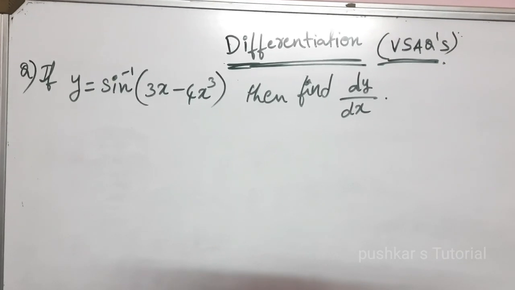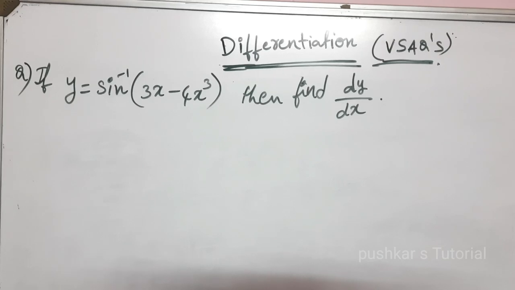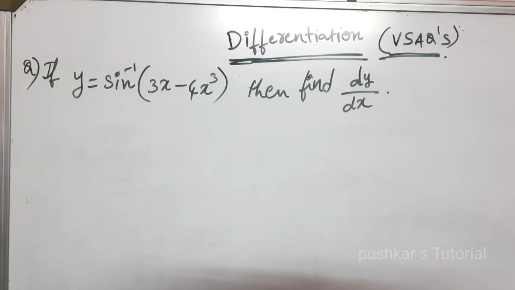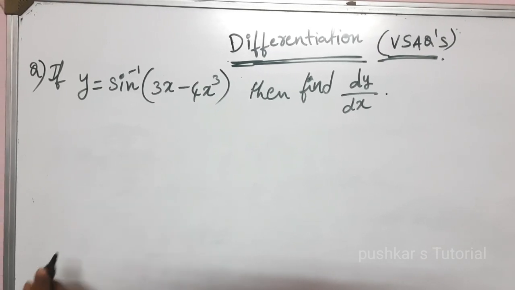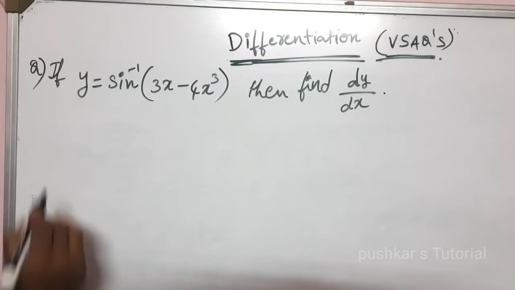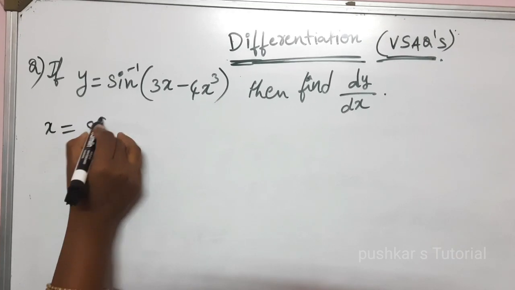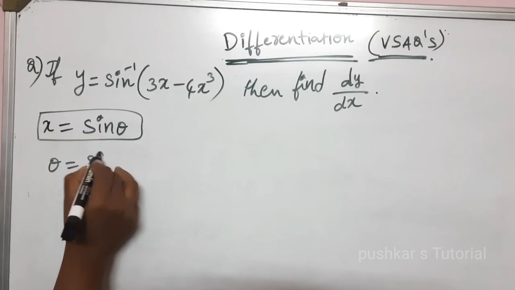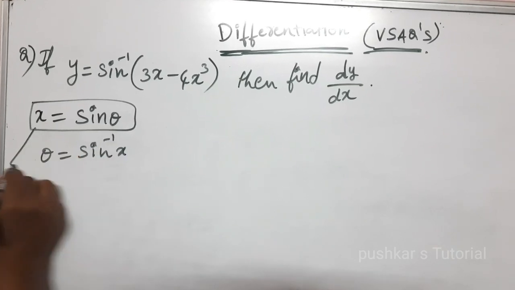If y is equal to sine inverse of 3x minus 4x cube, then find dy by dx. Regarding trigonometry formulas, if you substitute x with sine, it looks like the sine 3A formula. So I am taking x is equal to sine theta, so theta is equal to sine inverse x.